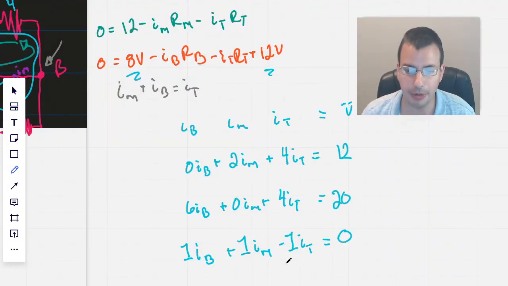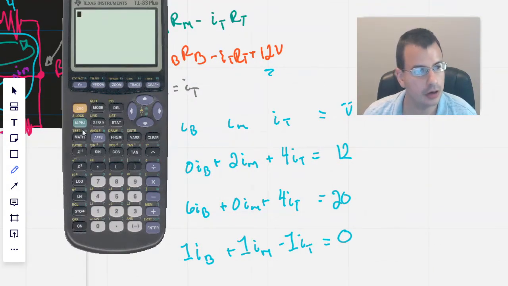We pull up our calculator, go to matrix, and edit our matrix. We'll call this a 3 by 4, so it's 3 rows by 4 columns. You can do this through substitution too, but this is what I think is a more reliable and more exciting way of doing it.